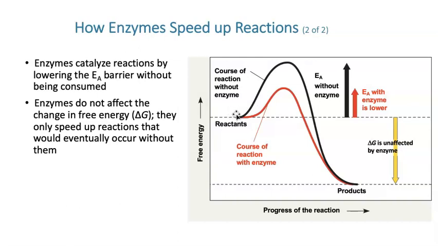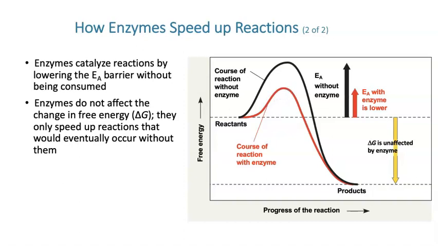So here in black is the course of the reaction without the enzyme, and we've got that hill that we have to get over, right? What enzymes do is, it's not like they affect the delta G. It's not like they affect the amount of energy that's released, right? The reactants are still there, the products are still there, we still have a negative delta G. But instead of having to have this much energy put in, we only have to have this much energy put in.